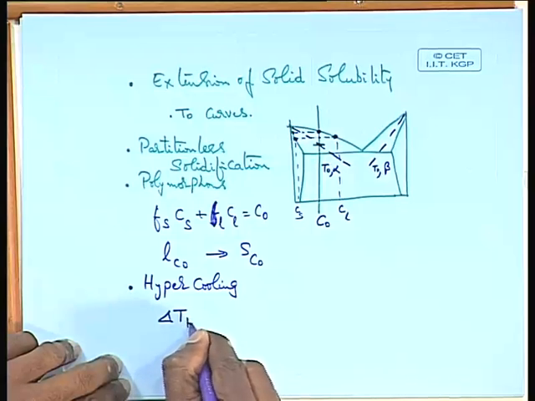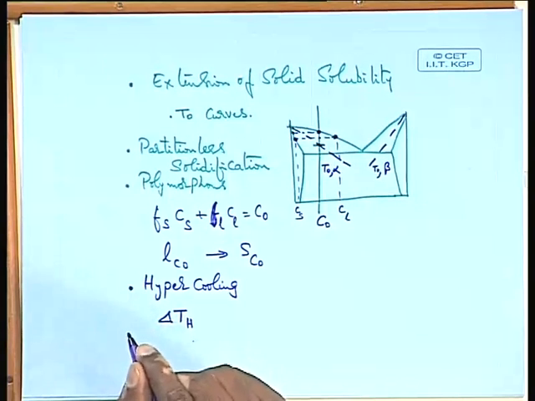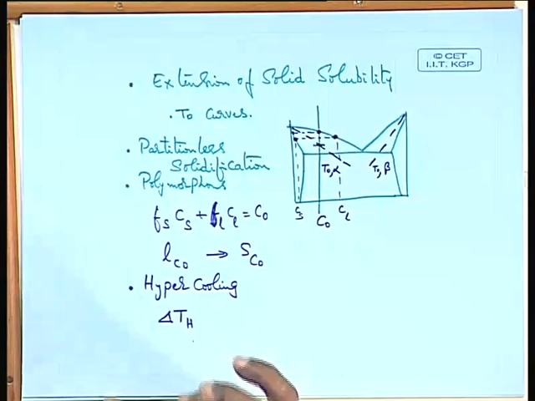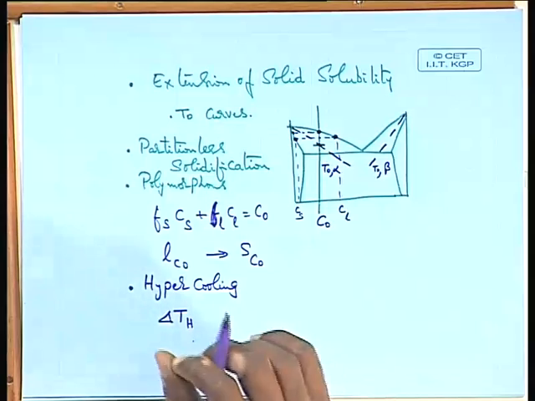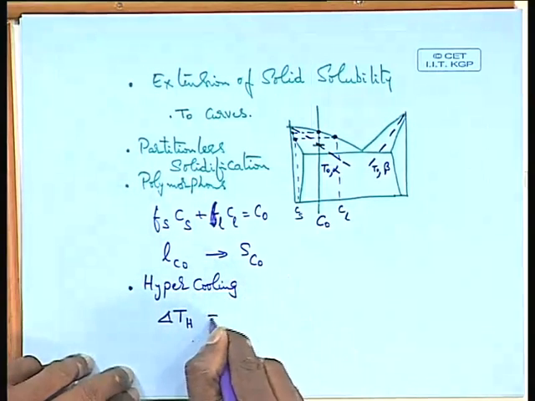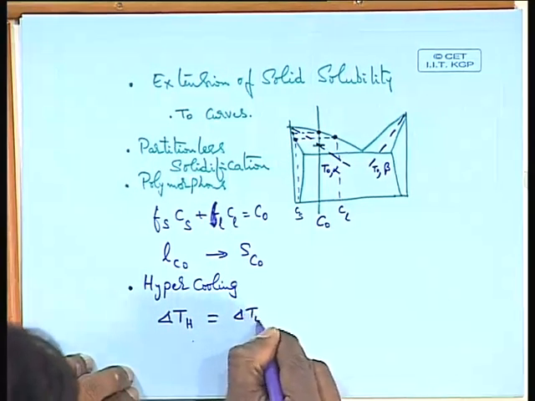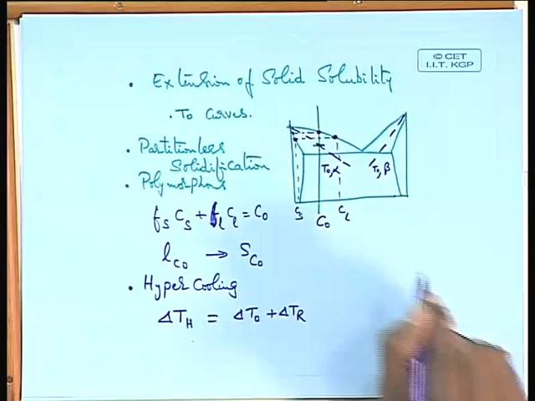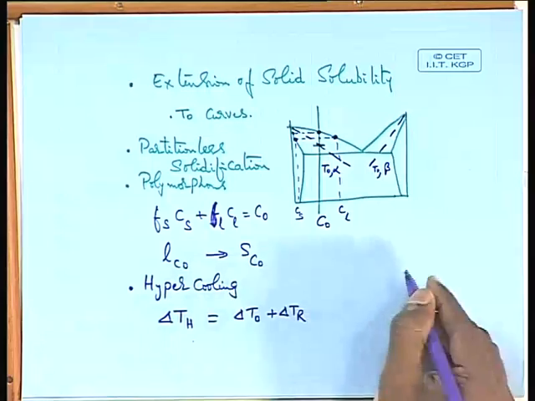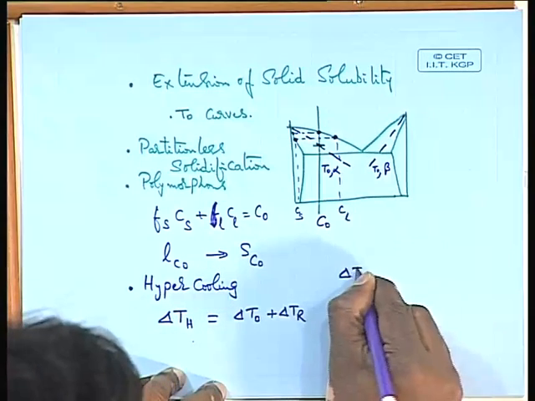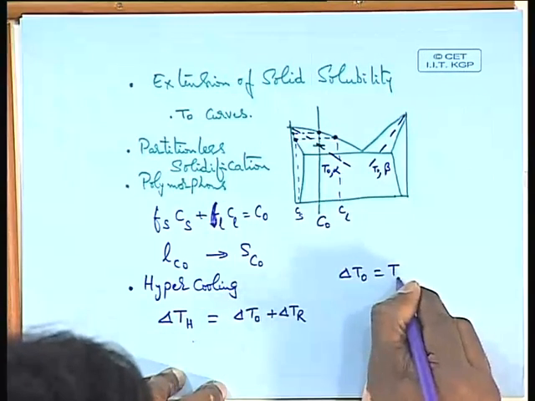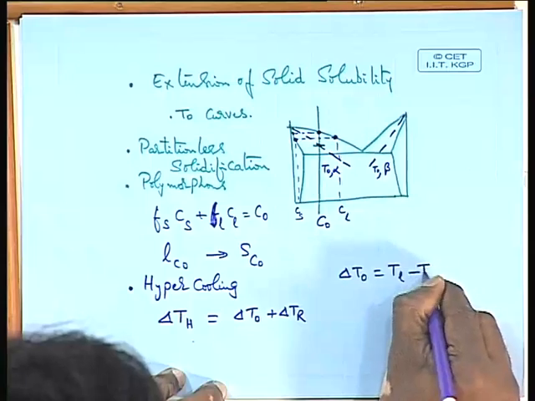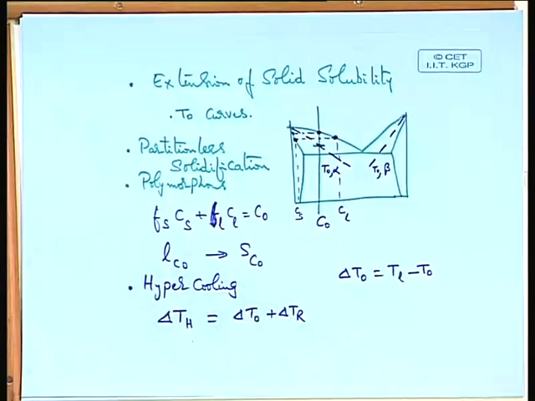The delta T hypercooling is nothing but the critical undercooling that is required for having partitionless solidification, which is equivalent to delta T naught plus delta T recalescence, where delta T naught is nothing but T liquidus temperature minus T naught temperature for that composition.